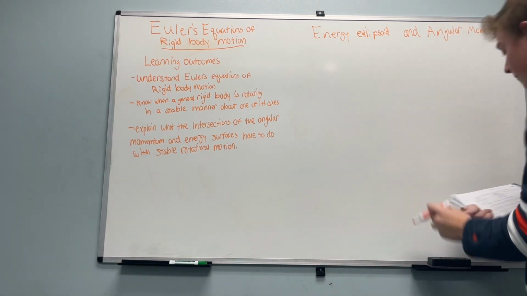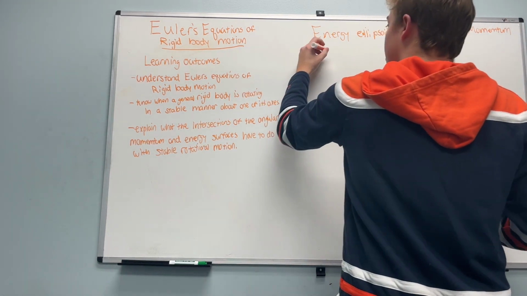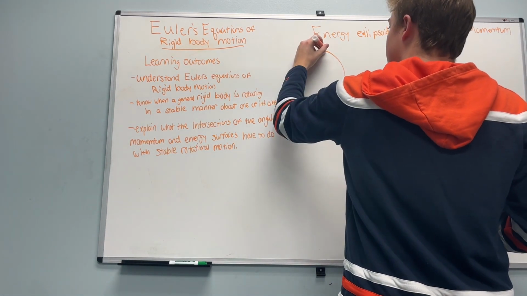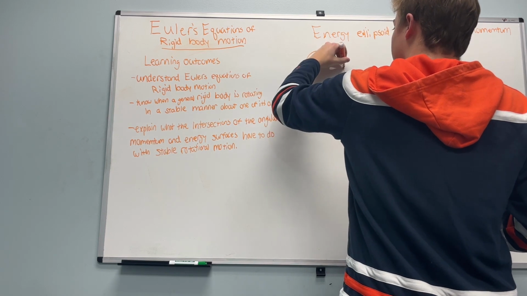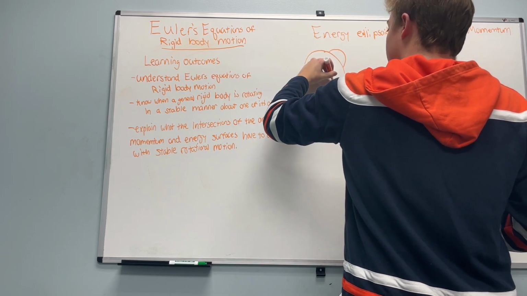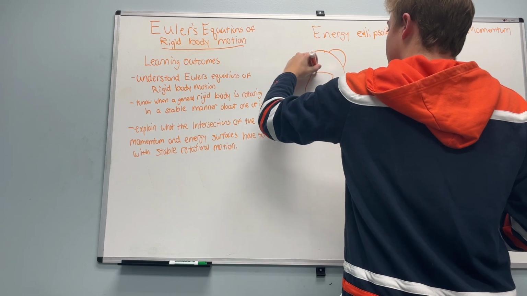Now, for this first part, we will imagine a sphere with an ellipsoid intersecting it in the middle.